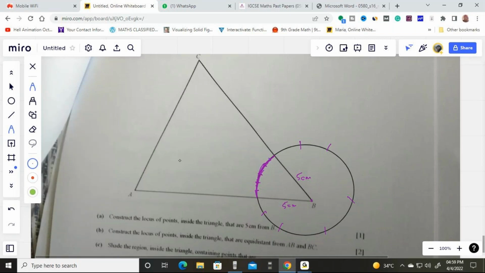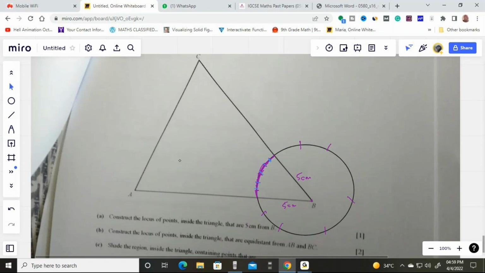You know that. So this will be the locus inside the triangle that are 5 centimeters away from your B. So that's it. It was just a 1 mark question.